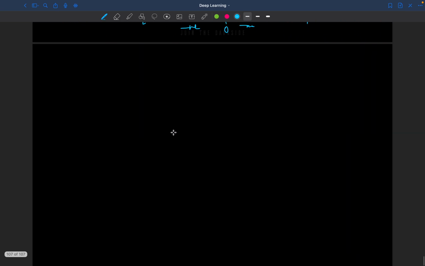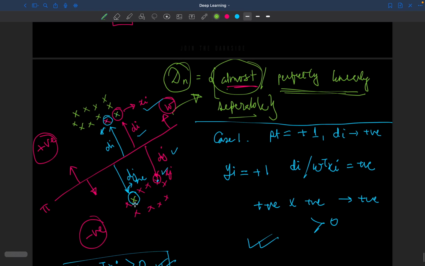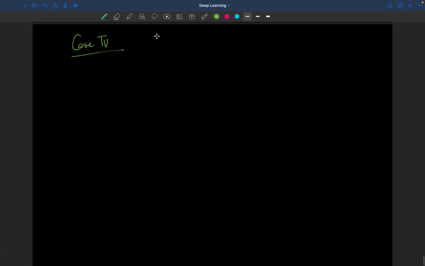Now case 4. This is the point where the point is actually positive but it lies in the negative region. That means the dj is negative. So we'll see what happens. yi is equal to positive but dj, that is w transpose xi, is negative.